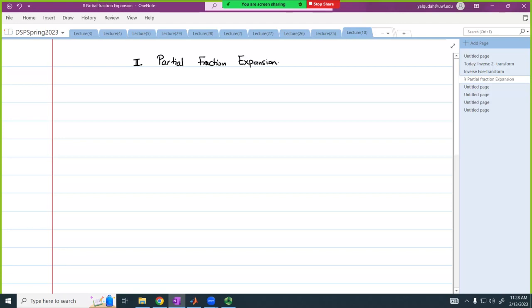We take a rational expression and try to break it into simpler terms. And these simpler terms, we're hoping we can just, by using the tables, find the inverse for.